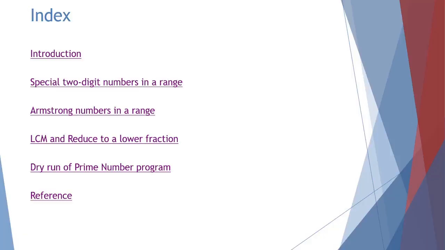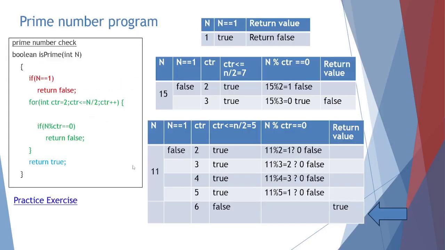Now, let's see a dry run of the prime number program with 3 different inputs. If you see the left side, boolean is prime, int n, accepting a number. If n is 1, it's not a prime number, neither prime nor composite. Return false because it is not prime.